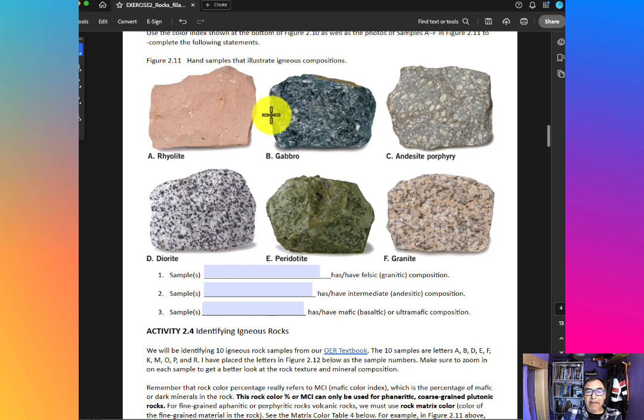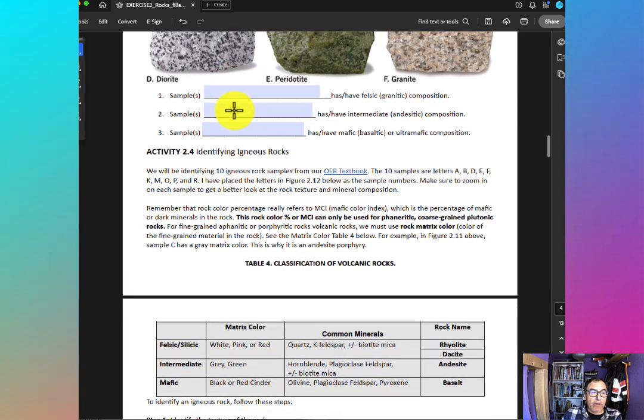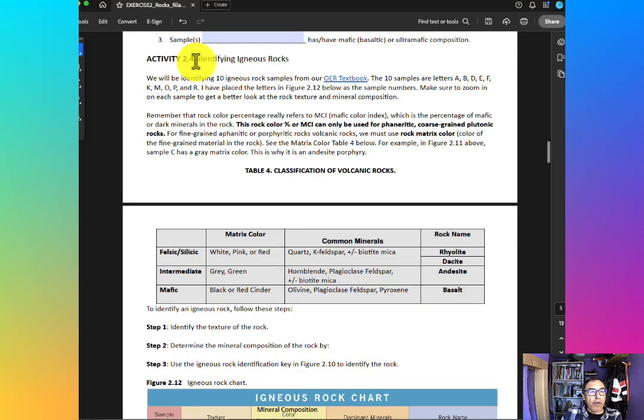But nonetheless, you can use this figure 2.11 as a guide to help you identify the rocks that we're going to look at later on, for the big part of this lab. And so that's where 2.4 comes in.